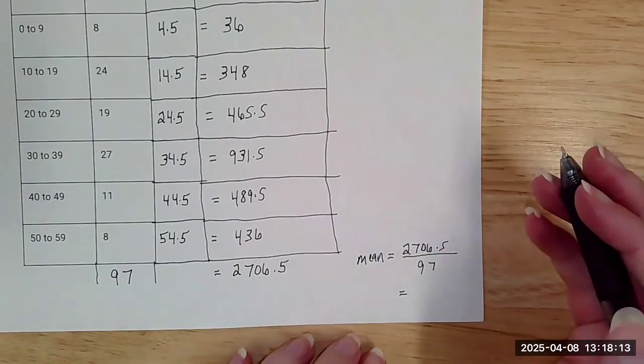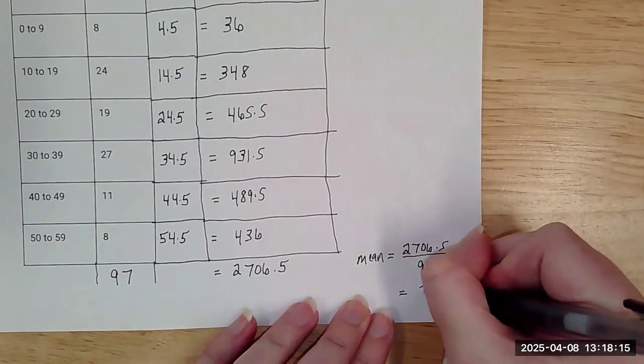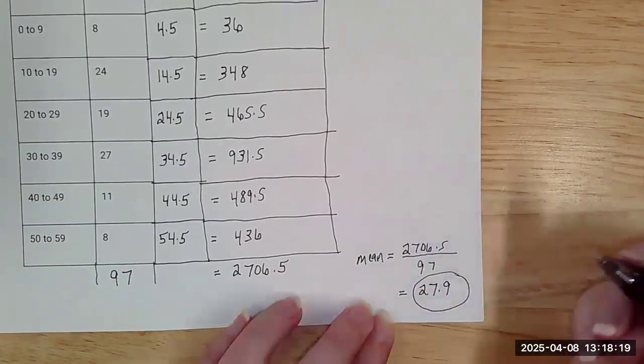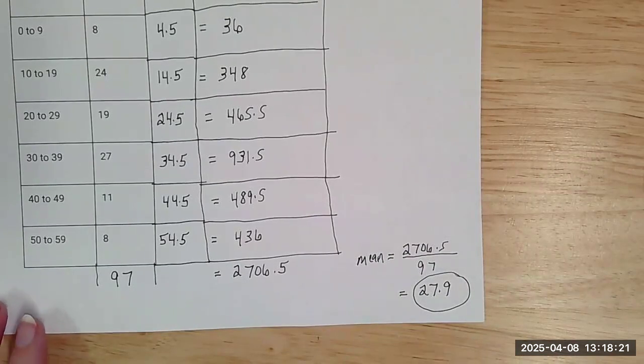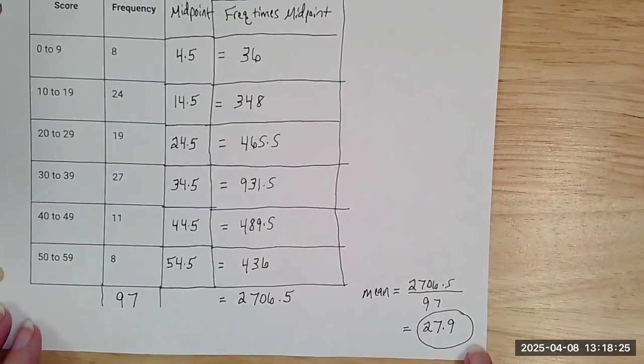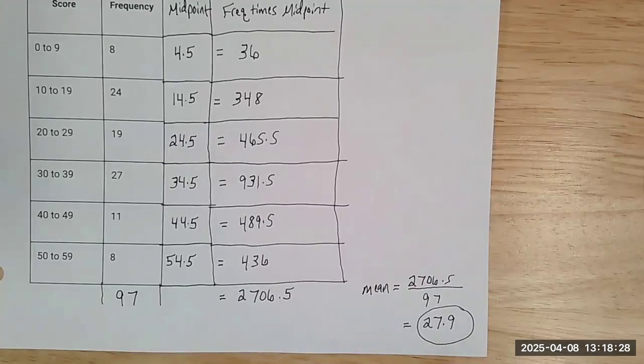And we get 27.9. And if we think about that, 27.9 is supposed to be the mean or the average score for all the people in this class. There's 97 people in this class.